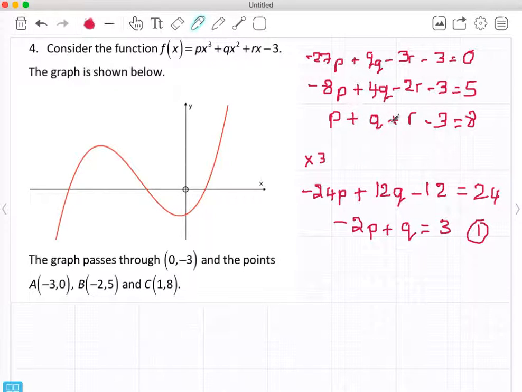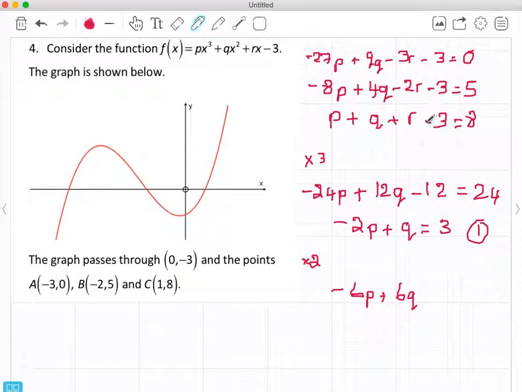Now I'm going to do a similar thing. I'm going to times this third row by 2 and add it with the top row. So it's minus 8 plus 2 lots of this gives me minus 6p. 4q and 2 lots of this gives me plus 6q. Minus 2r plus 2r is nothing.